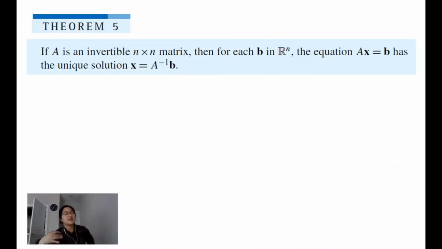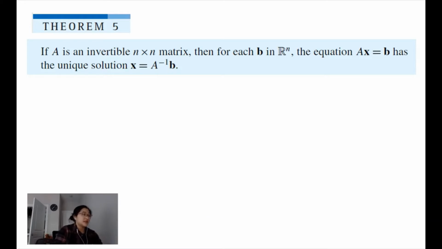For an invertible n by n matrix A, that has an inverse, that is non-singular, then for each b in R^n, the equation Ax equals b has a unique solution, and we know exactly what that solution is, because you just multiply on the left with A inverse.